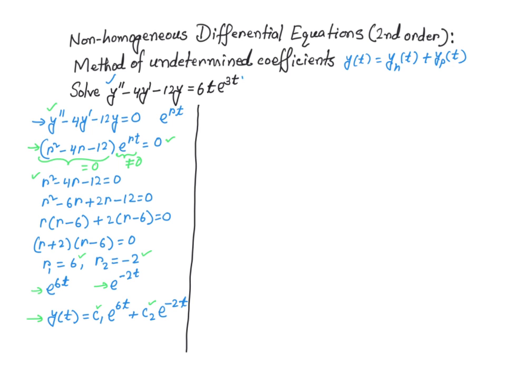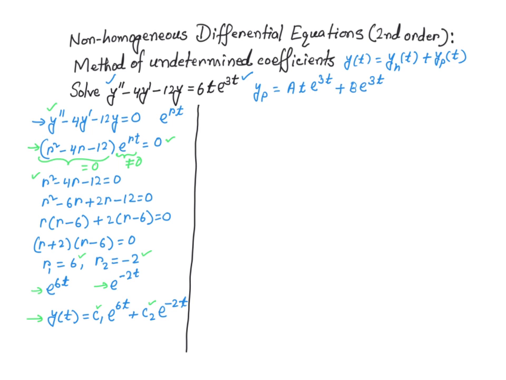So that means we are going to have on the right hand side 6t e to the power 3t. Now my assumption is going to be that y particular, or y sub p, is going to be a times t times e to the power 3t plus b times e to the power 3t.